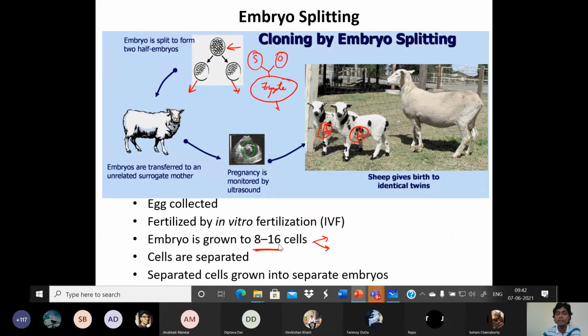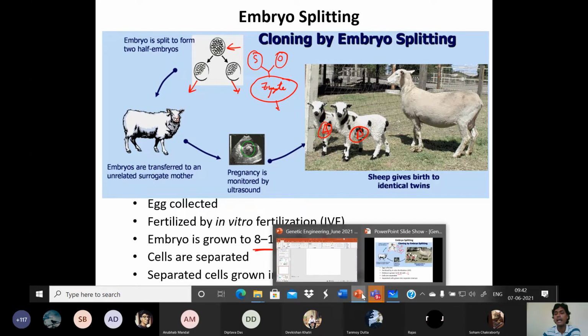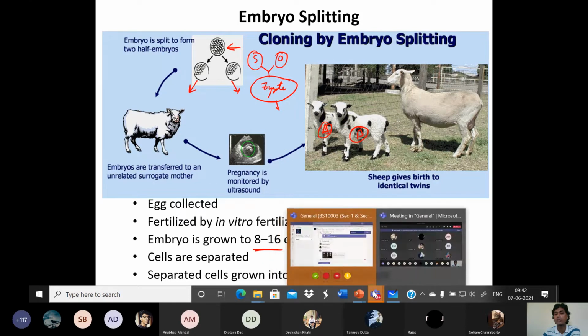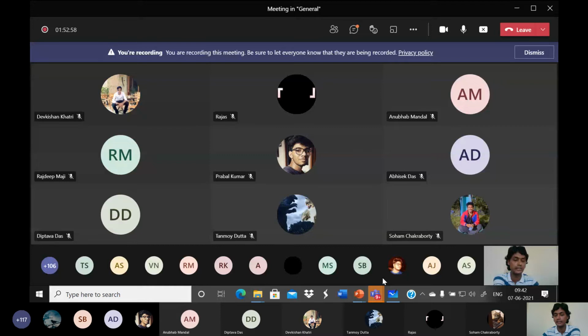In the lab, it is not very simple, though it is simple in terms of understanding. In the lab, it can be done like this: the egg can be collected and fertilized by in vitro fertilization, and then you can grow the embryo in the lab, separate that embryo into two, and then the embryos can be implanted in some surrogate mother, and as a result, a clone animal can be generated.